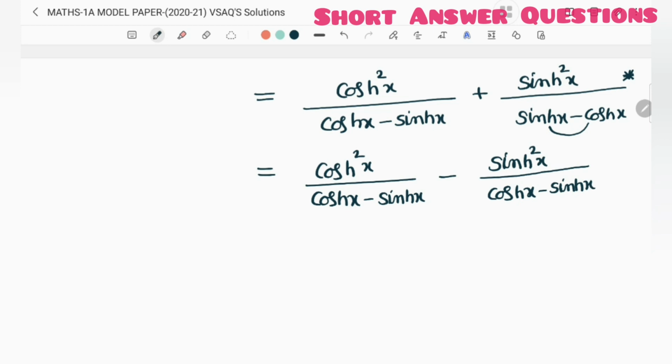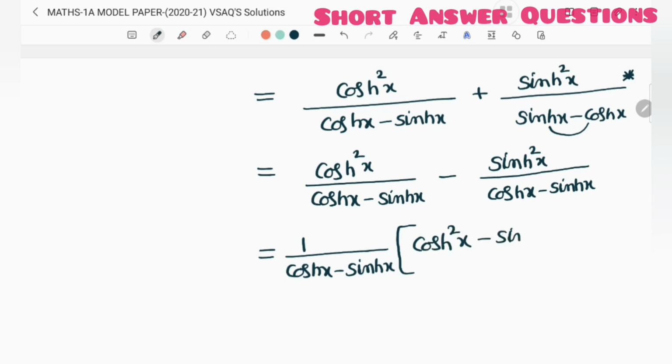So in both the terms, take common 1 by cosh x minus sinh x. So cosh square x minus sinh square x.